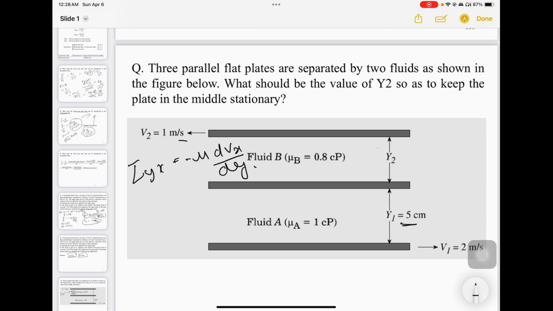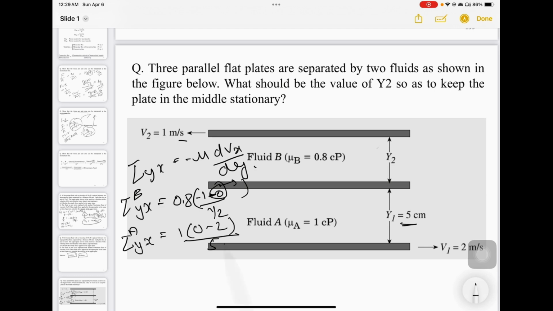For the first part, which is the fluid between plate 1 and plate 2, for fluid B, tau yx is equal to 0.8 times 1 minus 1 plus minus 0, because the middle plate is supposed to be stationary by 2, and for fluid A, 1 centipoise into its velocity difference, which would be 0 minus 2 upon 5 centimeter.